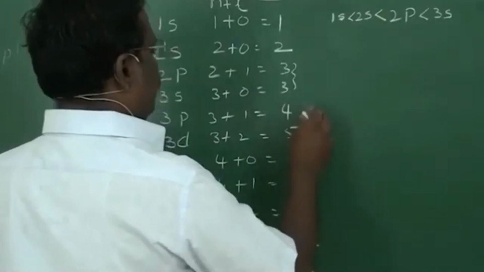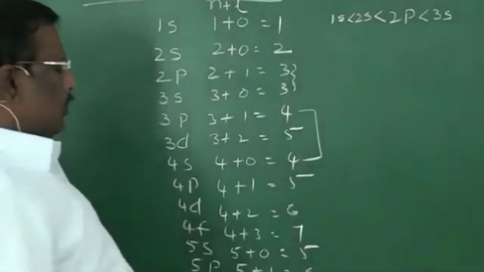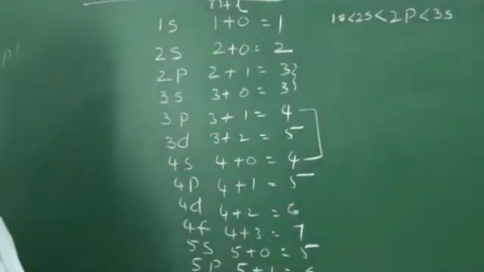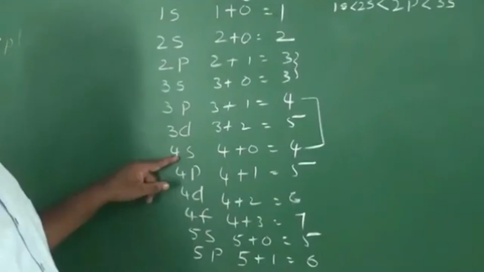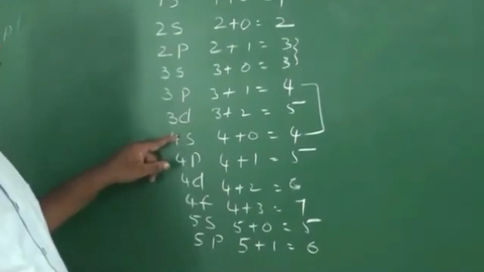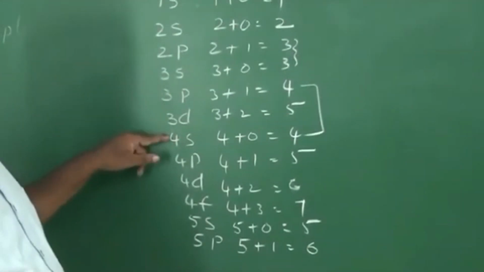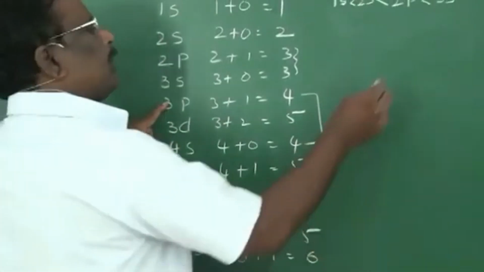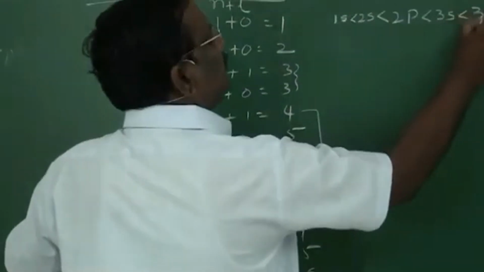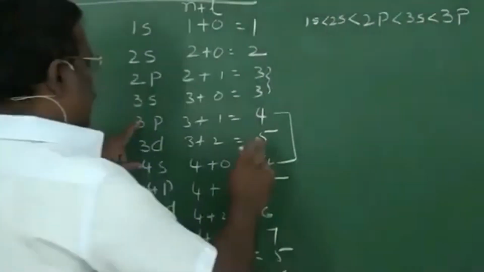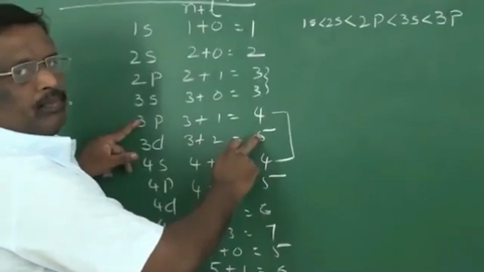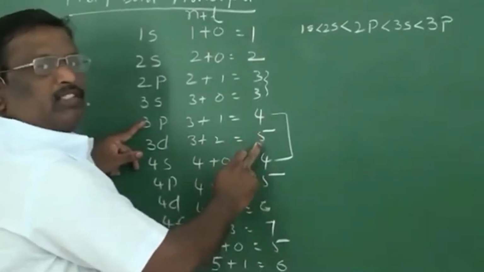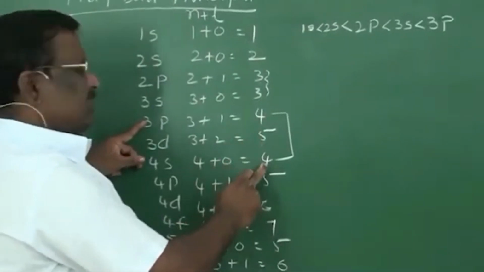Then here also you have two orbitals with the same n plus l value, 3p and 4s. Here also we follow the same rule. The n value is 3 here and 4 there, so the 3p orbital will be filled first. Then we have the 3d orbital, but the 3d orbital's n plus l value is 5, while for 4s it is 4.